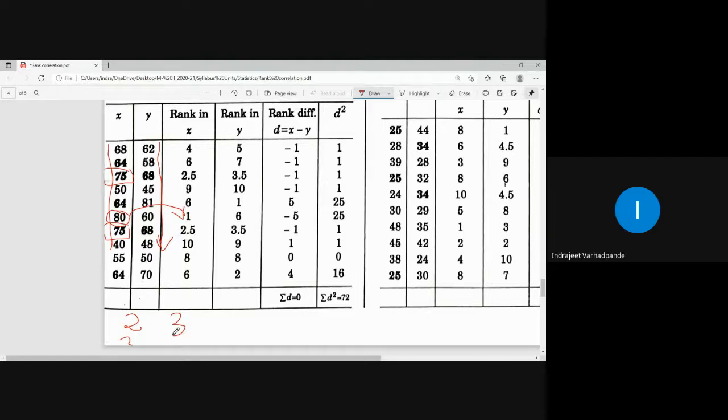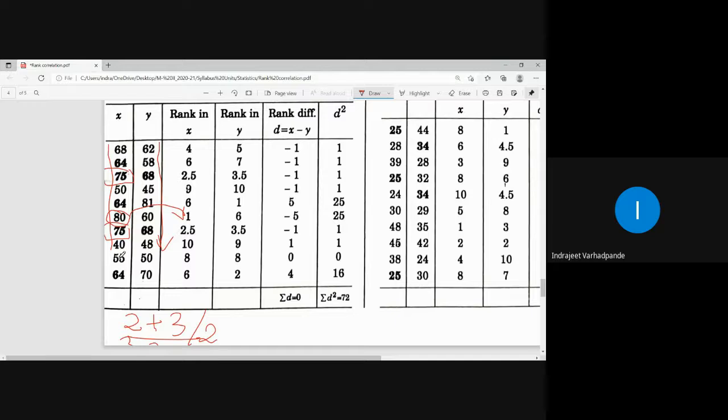But as these numbers are repeated, I will take the mean or average of these ranks to give them a common number. By default, if those numbers had been unique, the rank positions would have been 2 as well as 3.